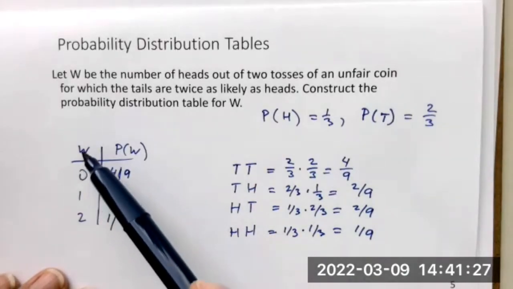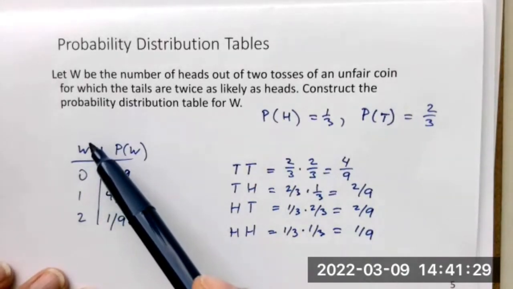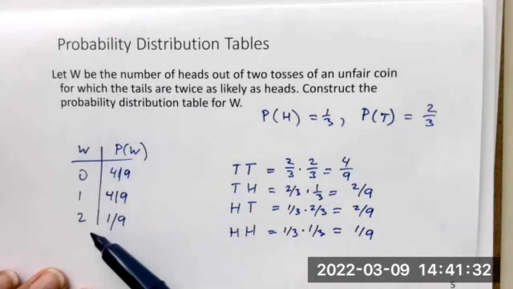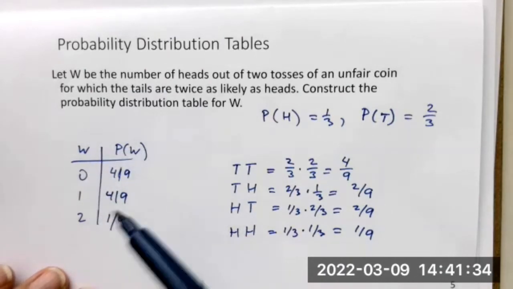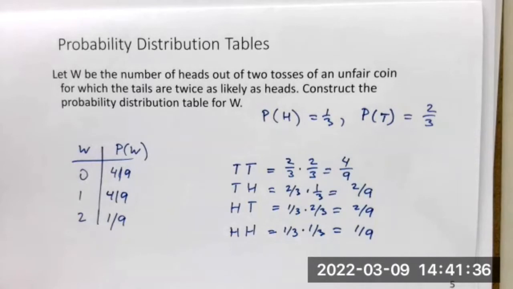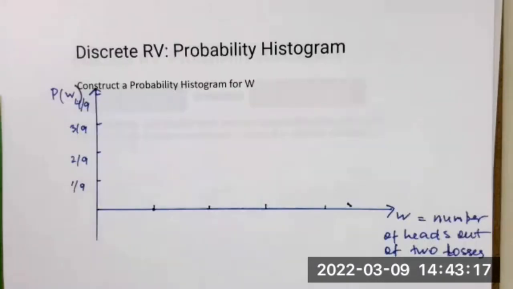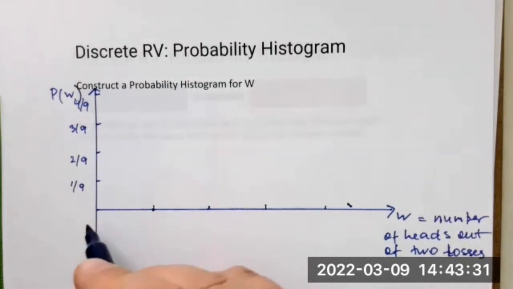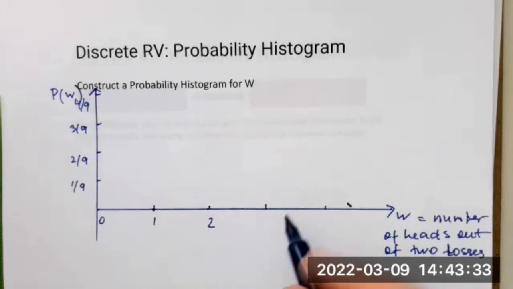So again, our x-axis is going to represent W, and the y-axis is going to represent the probability of W. So here we are, we have the x-axis, that's our W, or the number of heads out of 2 tosses, and y is the probability of W. We have 0, 1, 2, and 3.